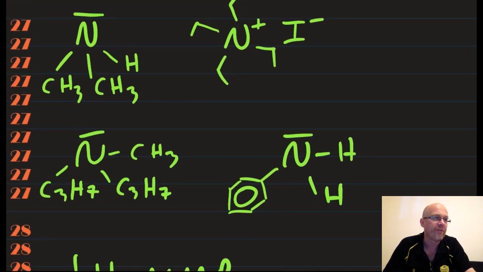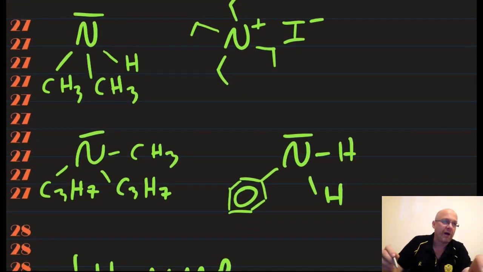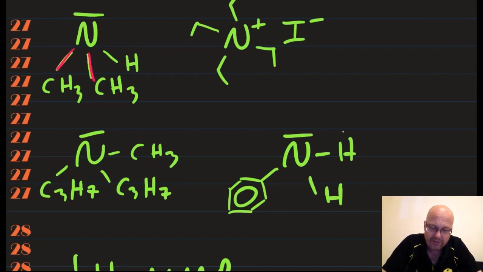27, there's a very unexplored part of the syllabus, tertiary nitrogen. Well, this is a secondary nitrogen, because there are 2 alkyl groups attached. This is a tertiary nitrogen, because there are 3 alkyl groups attached. This is a primary nitrogen, because it's got, well, not an alkyl group, but it's got 1 carbon-based group attached.